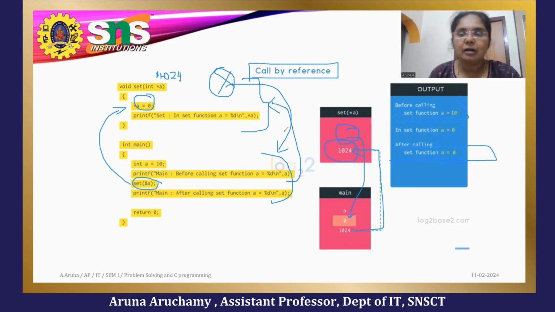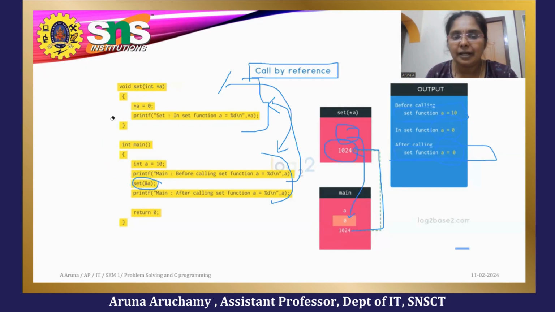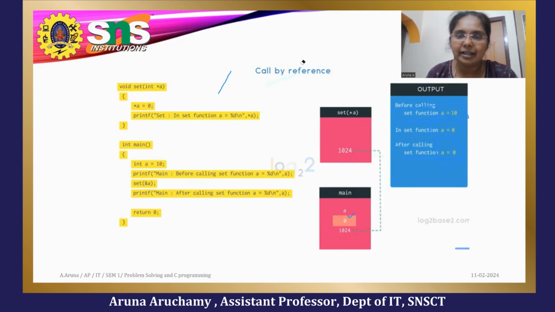I think you now know what call by value and call by reference mean. You may have a doubt about where I can use call by value and where I can use call by reference. This is based on the user's need only. We can choose which to use.